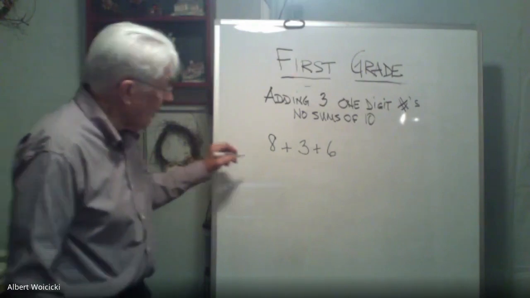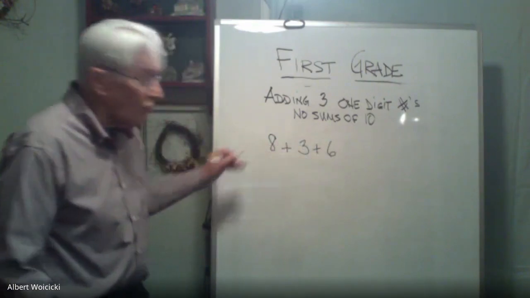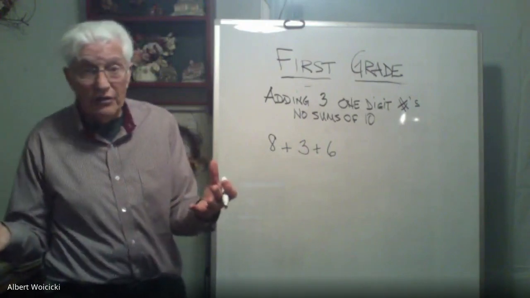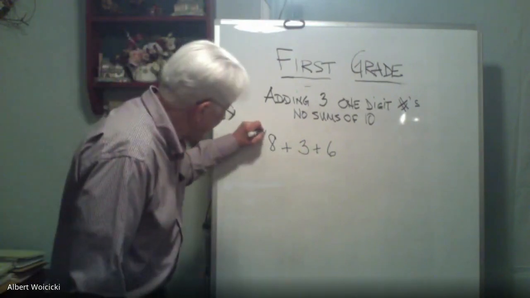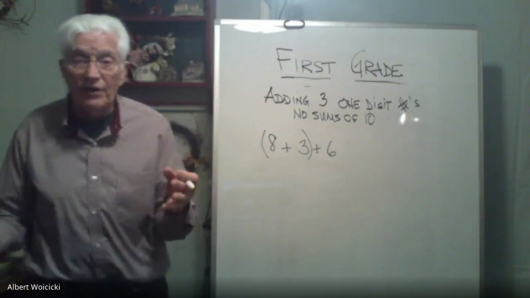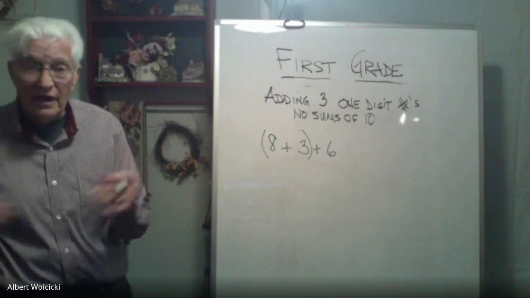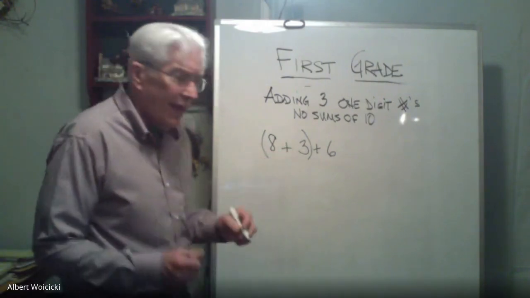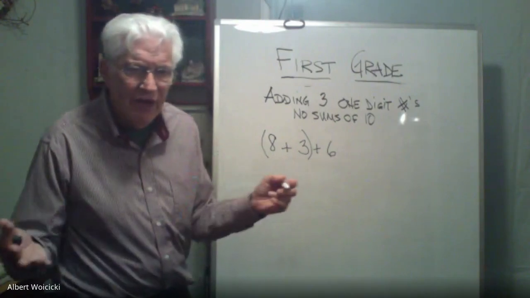Well, first of all, we have groupings. Remember, these are three kids talking. So it doesn't matter who's talking to each other. We can decide, let's take these first two people and have them talking to each other, 8 plus 3. And we're going to take care of that. So 8 plus 3, and everybody should know what 8 plus 3 is.